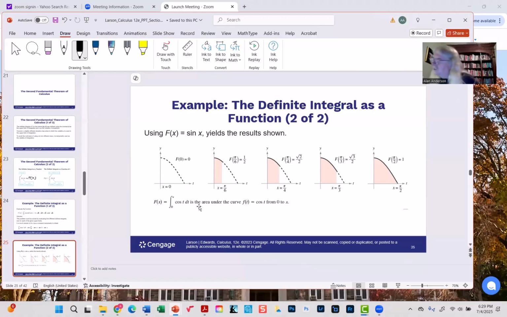Although it's kind of a small gap there, you can see this is illustrating the idea that we can integrate this function from 0 to x, and we specify what x is, by the way, cosine t dt. And that gives us this area here.